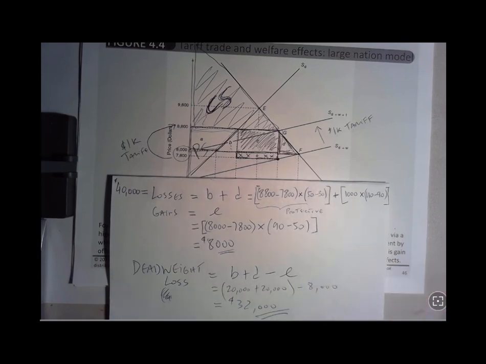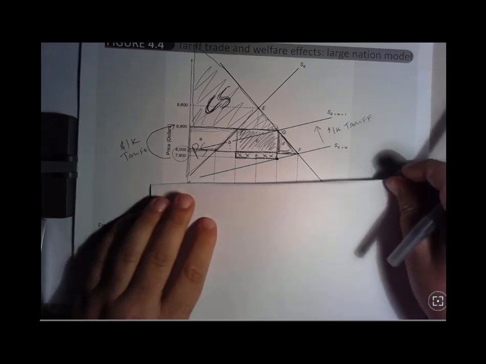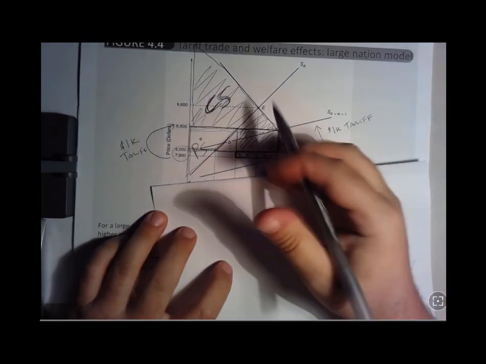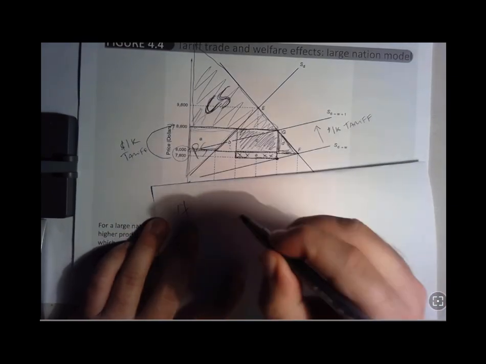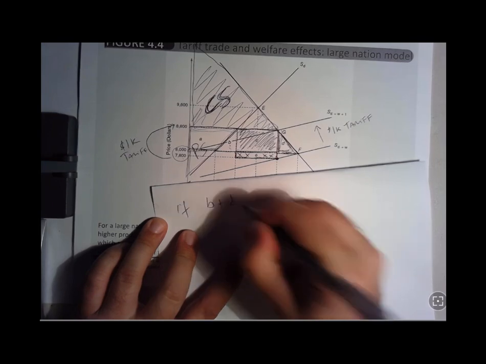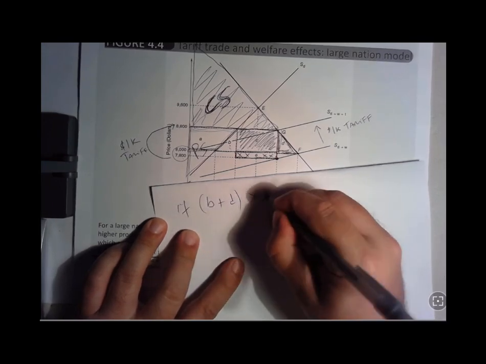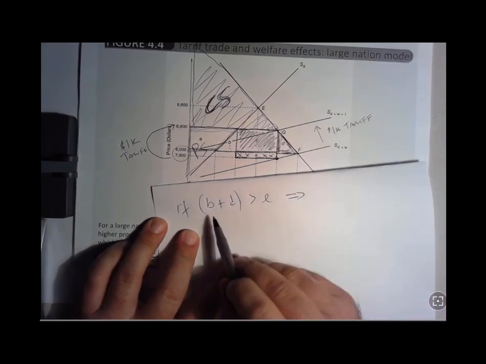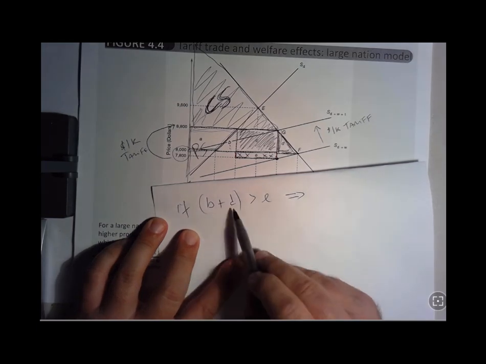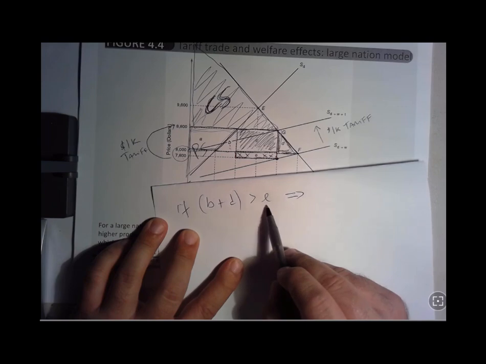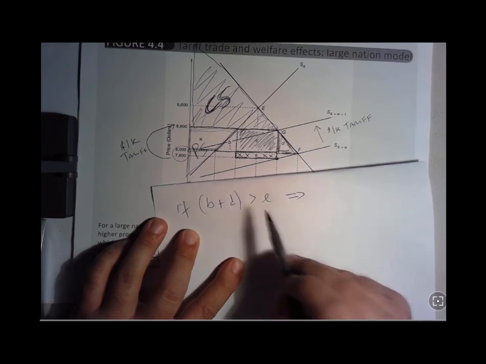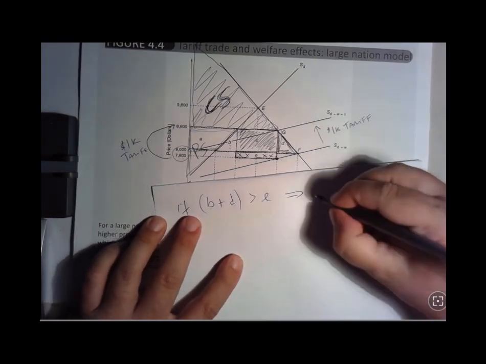However, it's worth contemplating, as one of the slides in your PowerPoint presentation shows, the following scenarios. If B plus D are greater than E, so if the protective effect plus the consumption effect are greater than the improvement in the terms of trade, there is a welfare loss.